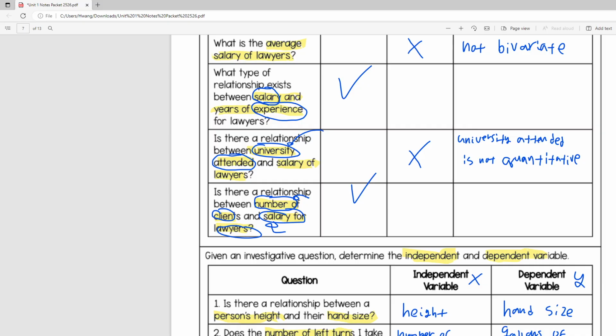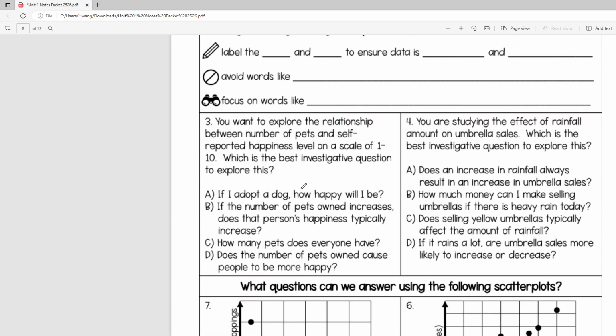Before I move on, we have learned how to identify the independent variable and the dependent variable. The independent variable is a solo variable that does not get affected, while the dependent variable does get affected by the independent variable. Now, let's move on to some SOL questions.